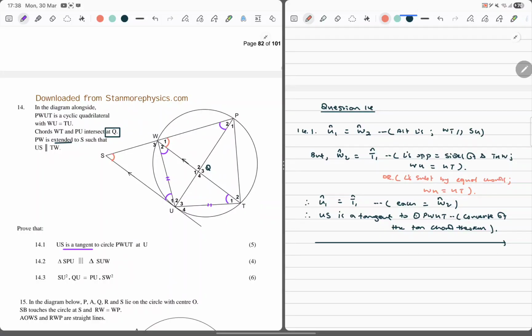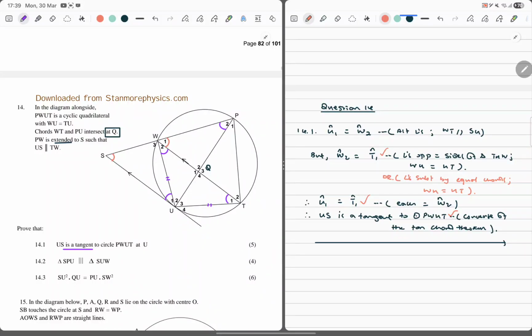Easy stuff. So, getting 5 marks. How is that? Well, the reason here is important, and the link is important.